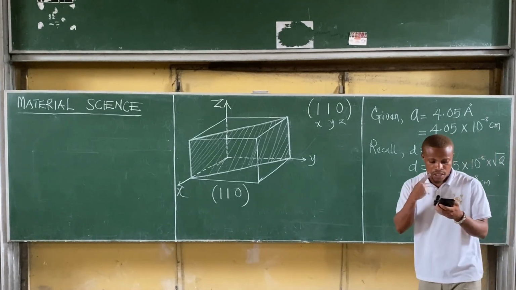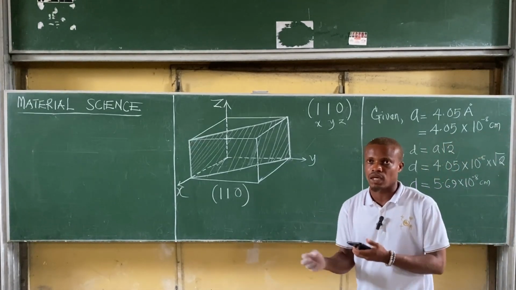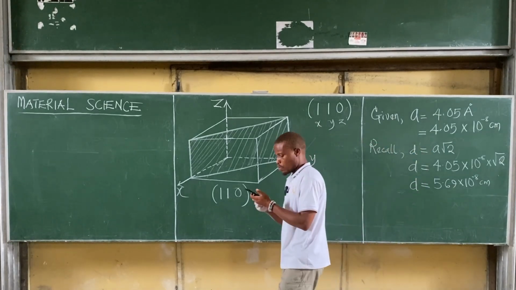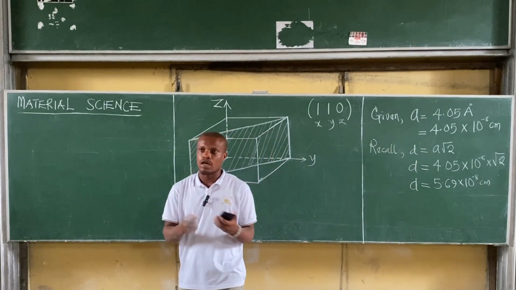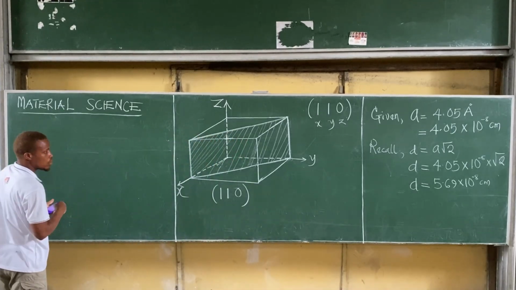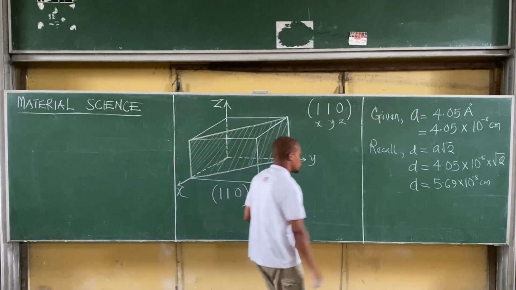So let's calculate the area of the unit cell in the 110 plane. How do we calculate that?